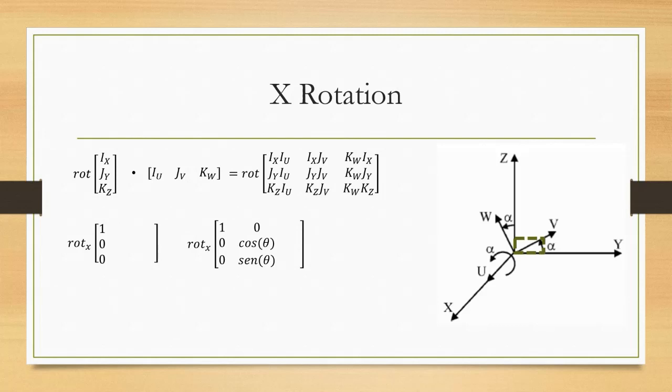In the second line, the projection of the vector v with respect to the axis y is a cosine, because there is an angle in this part, and the trigonometrical function that we use for this right triangle is a cosine.